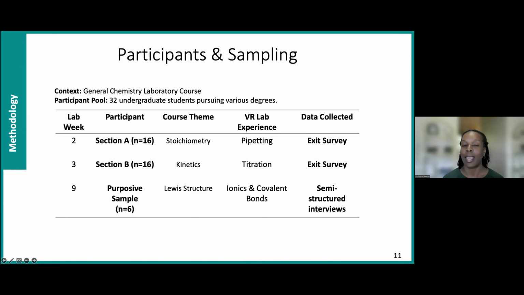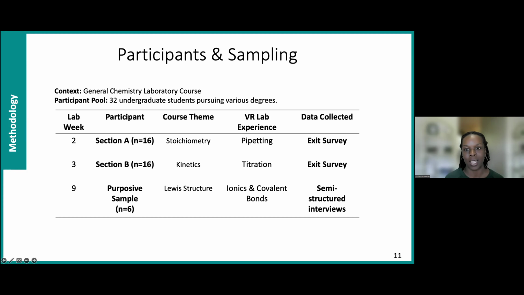And so I did have participant sampling. We had undergraduate students from a large general chemistry class, and they had three virtual laboratories that they had to engage with. To identify the participants, in the first lab we gave them an exit survey.